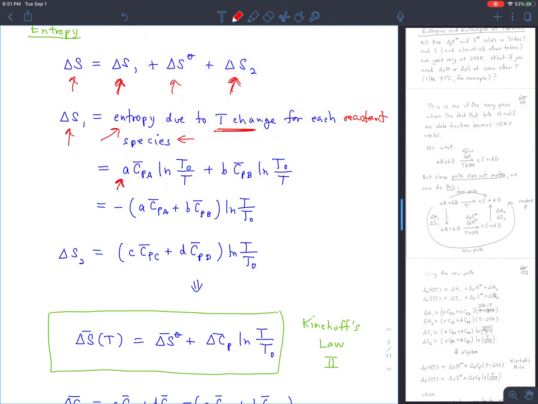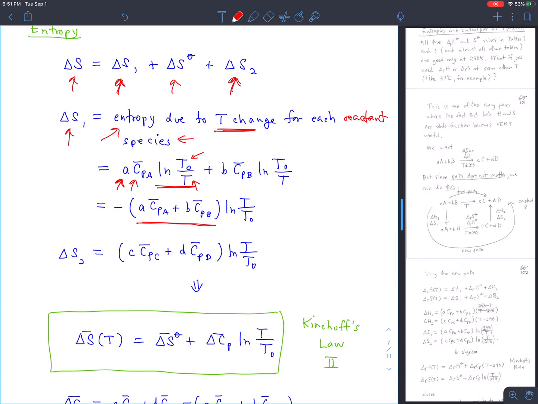So the number of moles of A times the heat capacity for substance A times the logarithm of the final temperature over the initial temperature, which is T0 over T for this step.